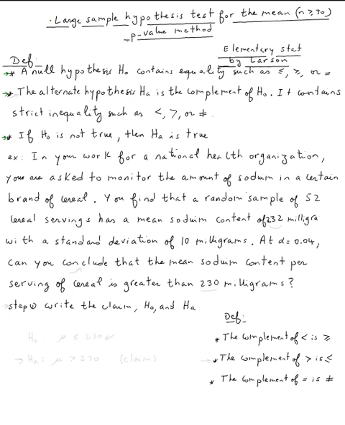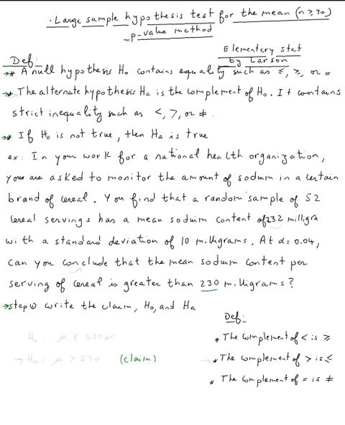So what is the claim? Can you conclude that the mean content per serving is greater, meaning strictly bigger, than 230? So you always start with the claim. Step one, always write the claim, H sub 0 and H sub A. Remember, the claim sometimes is going to be in the null hypothesis, sometimes it will be in the alternate hypothesis.